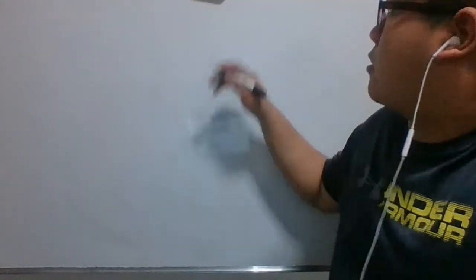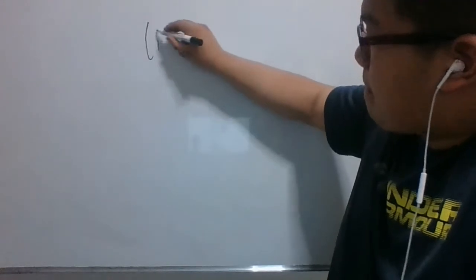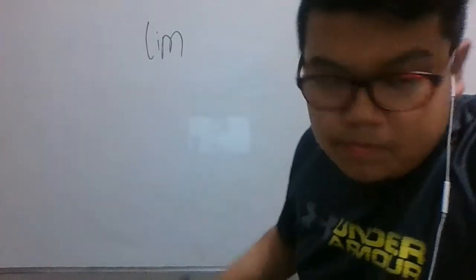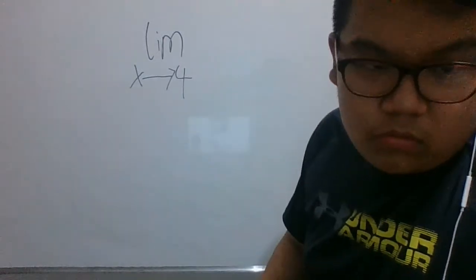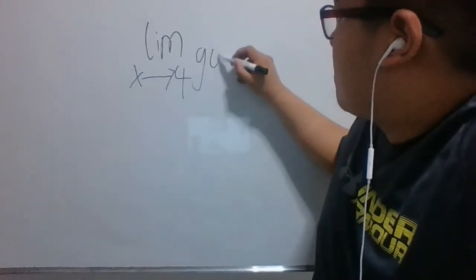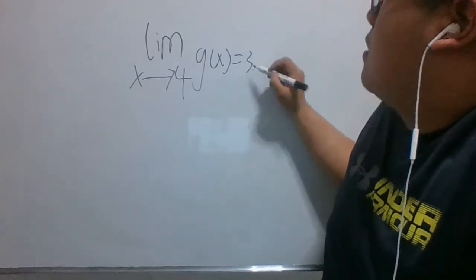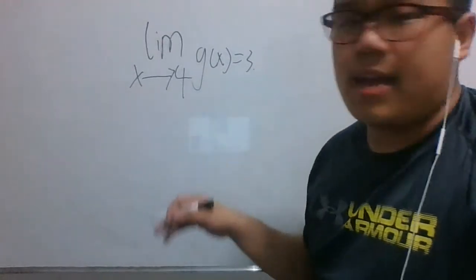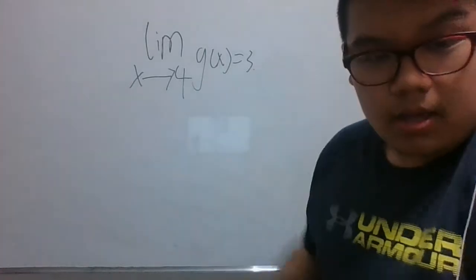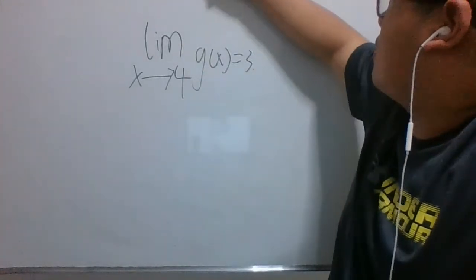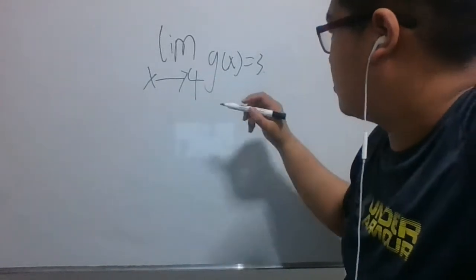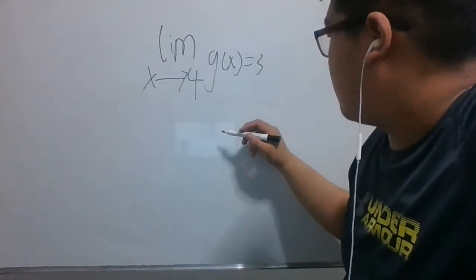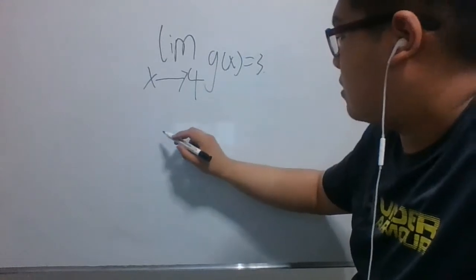So let's solve a problem here. Here's a function. The limit of g(x) equals 3 as x approaches 4. So let's solve this problem. Here, x approaches 4 from the left.